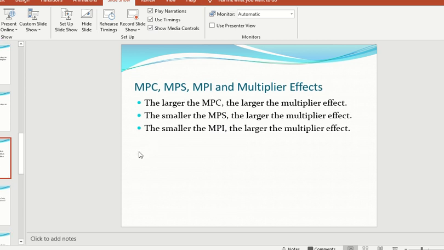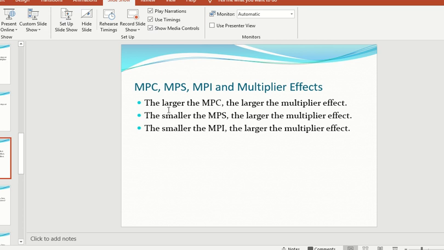So let's conclude. Let's have a brief summary of what we have observed so far. The larger the marginal propensity to consume, the larger the multiplier effect. Recall 1 minus MPC equals MPS.